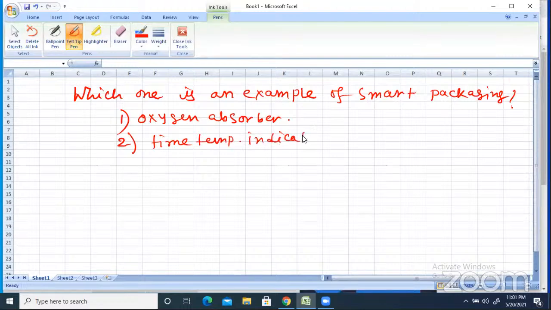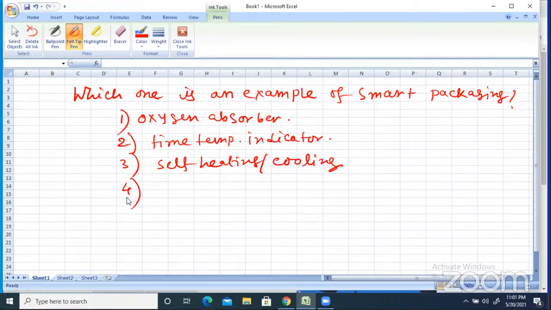Self-heating or self-cooling mechanism. Antimicrobial packaging film.